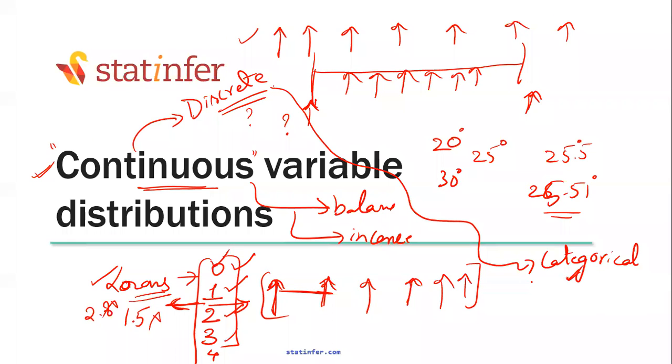They are non-ordinal, which means there will be some categories, but you cannot tell which one is higher and which one is lower. Gender is a good example of a categorical variable. Any other categorical variable? Yes, no, Boolean values.